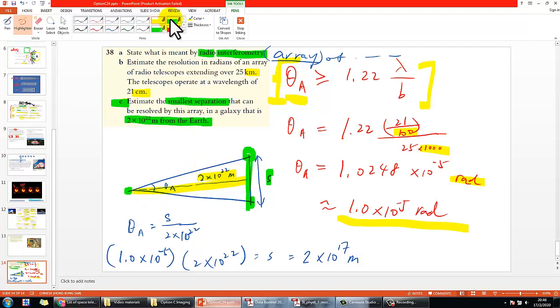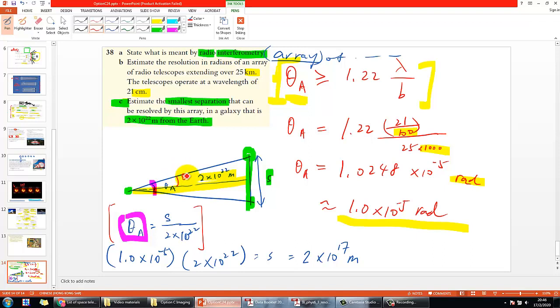And for the calculation, it's actually very simple. After you draw this, it's very simple because you know the angle is the one that you found in part B, and then that angle would equal S over the distance here. If you don't understand how I get this equation mathematically, go back and study the previous video. I talked about how we have to use the small angle approximation.